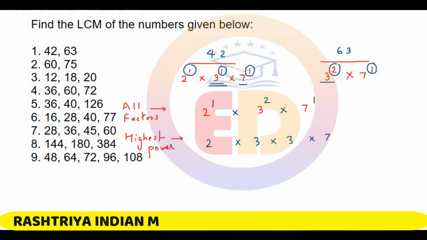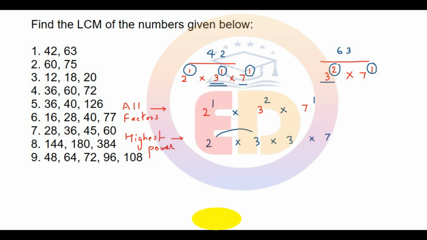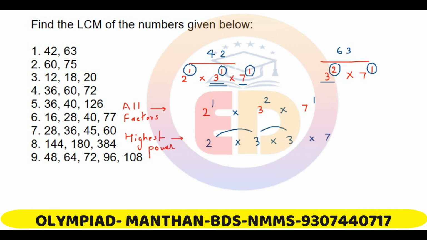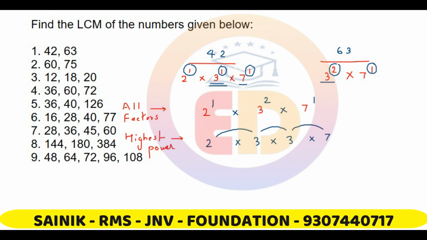Now let's multiply them. 2 3s are 6, 6 3s are 18 and 18 7s are 126.